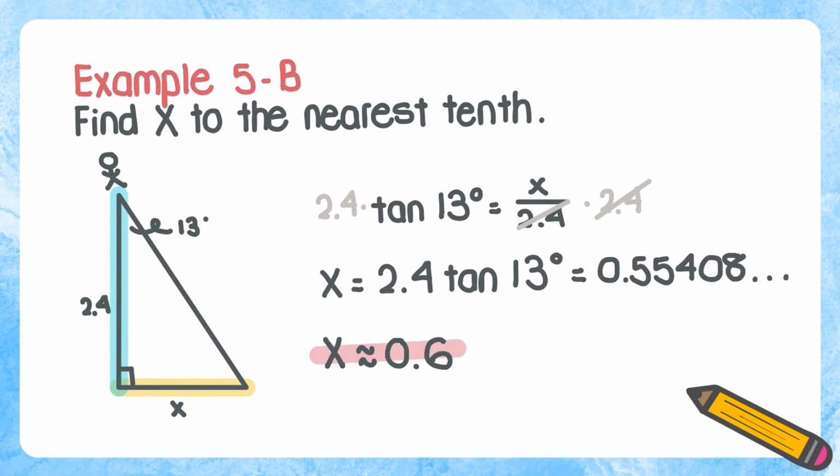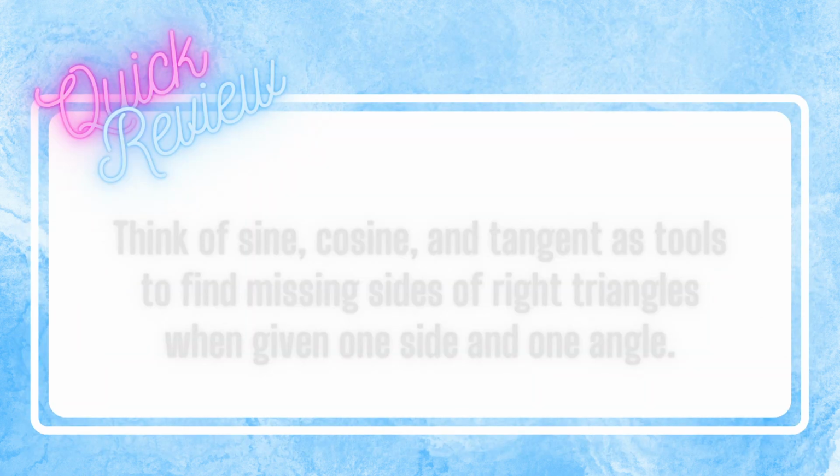So for these examples, we first set up trig ratios based on which sides we're working with. And then once we set up the ratio, we solved for x to find the missing side length. As a review for today's lesson, think of sine, cosine, and tangent as tools to find missing sides of right triangles when you're given one side and one angle.